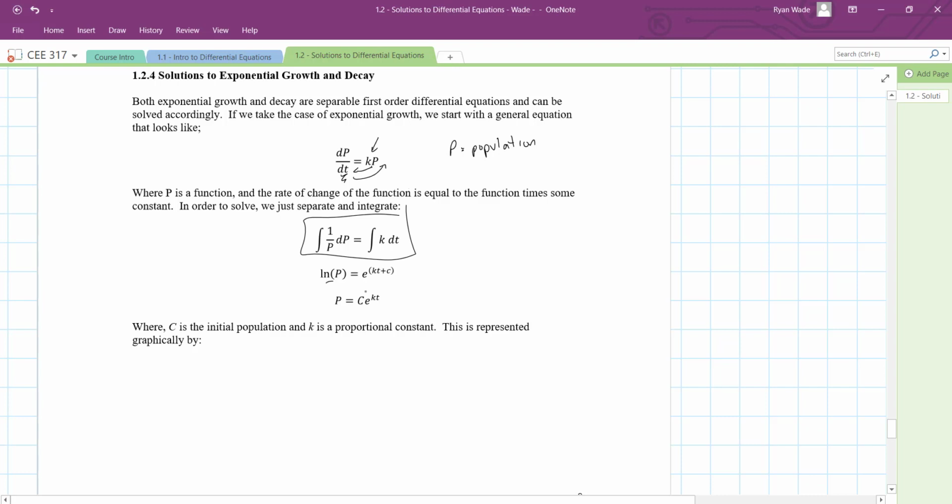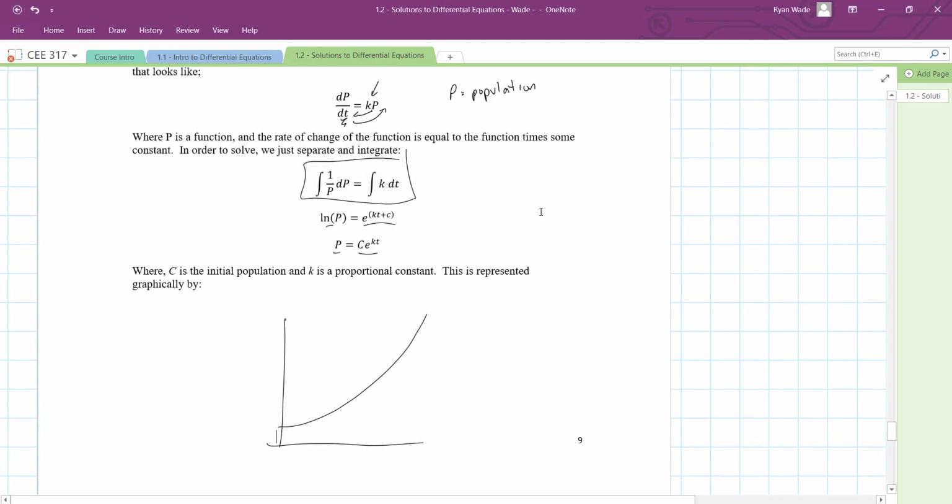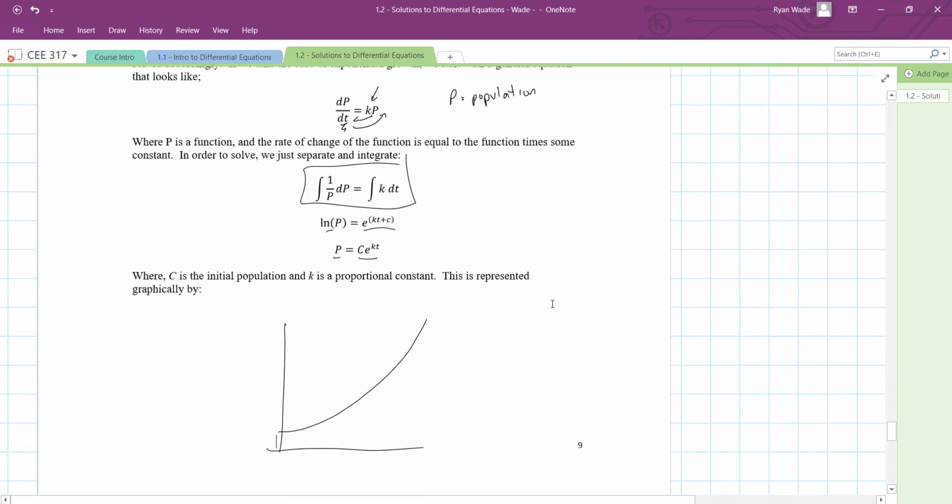We get the ln of P, the population size, is equal to kt plus C, and then we can put everything back into the exponent again, and we get that P is equal to some initial population times e to the kt. It's represented graphically by something that looks like this. But it is a first order separable equation, right?